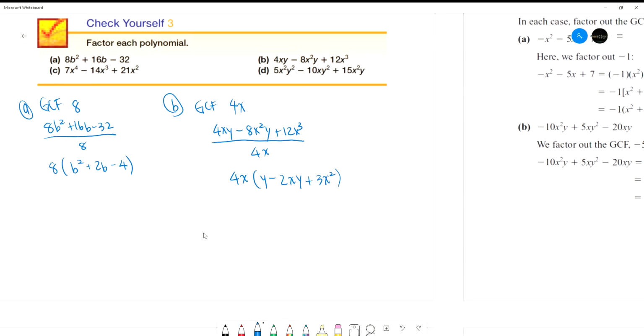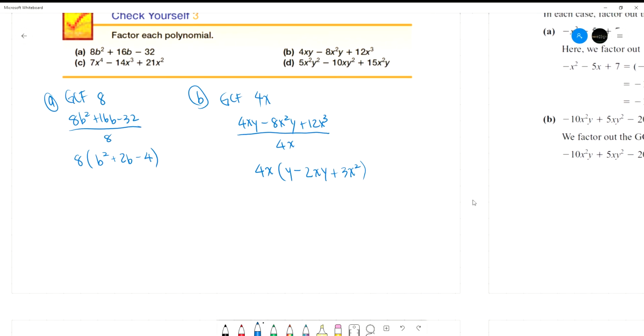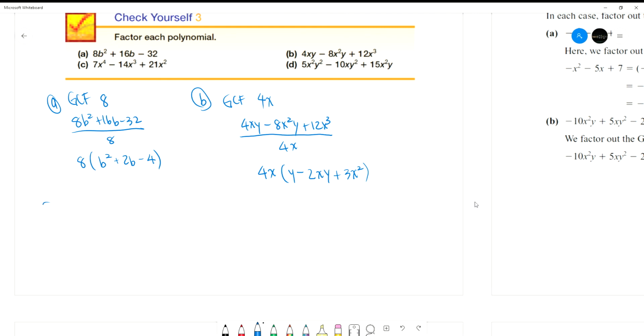Okay. All right, try C. Did everyone finish C or still working on that one? You finished? Okay. So part C, we see that 7 divides into all of them. So 7 is the GCF. And then I see that x squared is the smallest x. So the GCF is 7x squared. Then we do 7x to the fourth minus 14x cubed plus 21x squared.